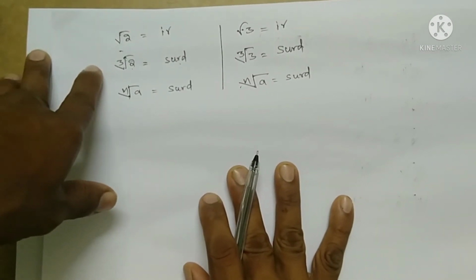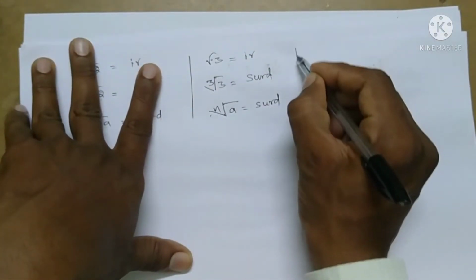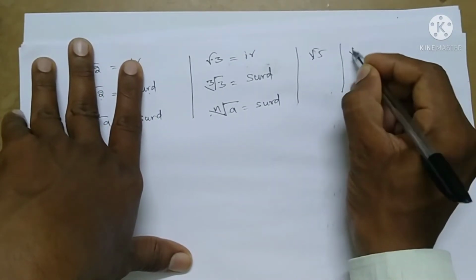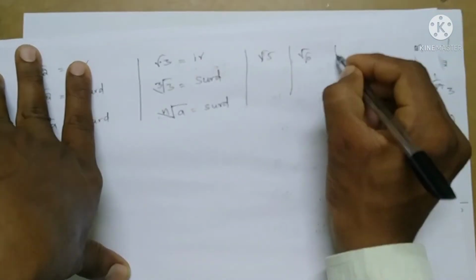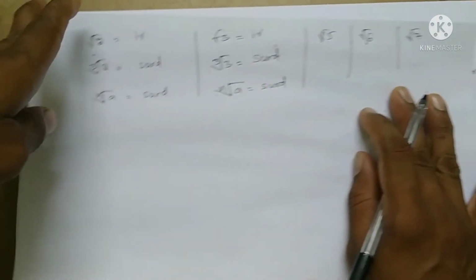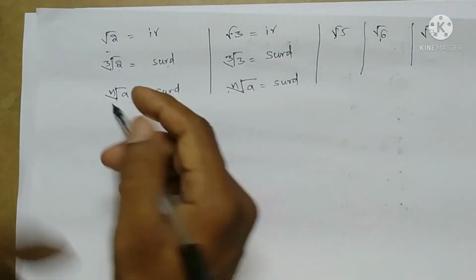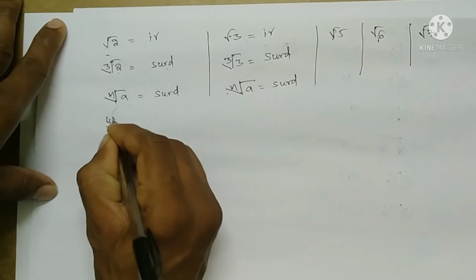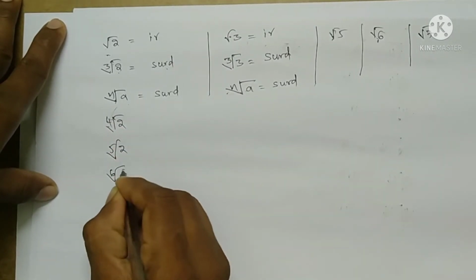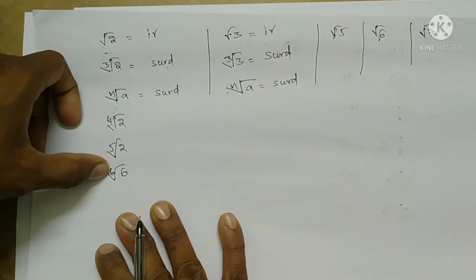So the examples of irrationals are root 2, root 3, root 5, root 6 and root 7. The examples of surds are the third root of 2, fourth root of 2, fifth root of 2, sixth root of 2.